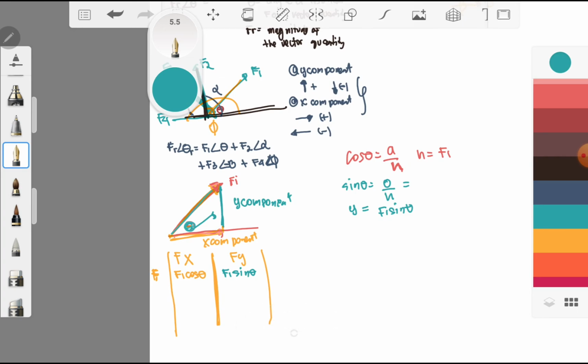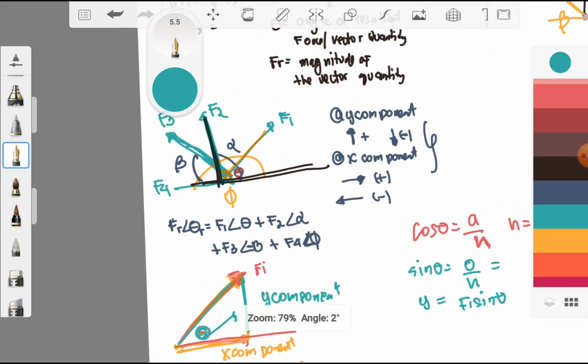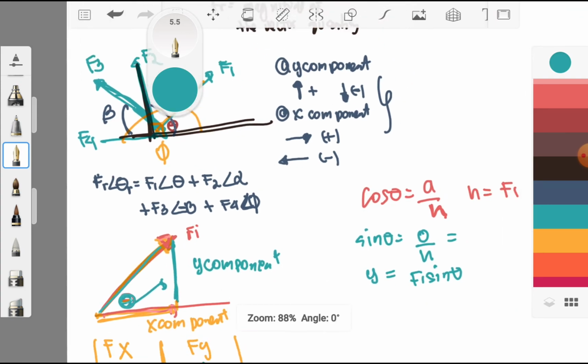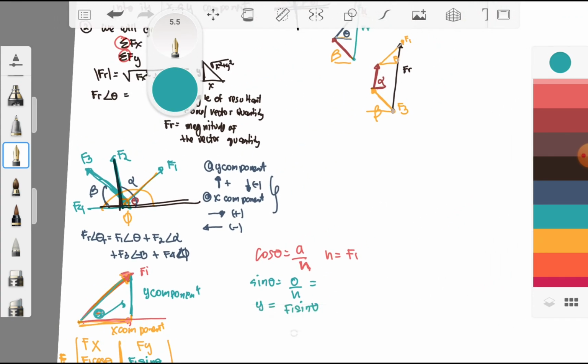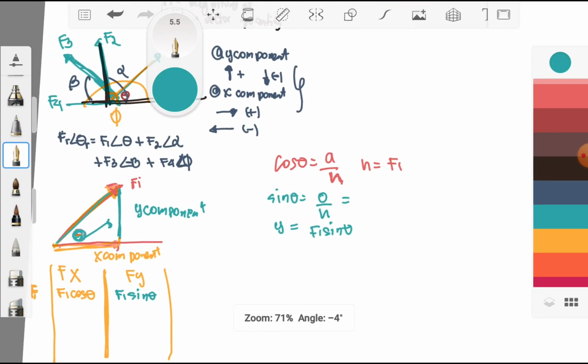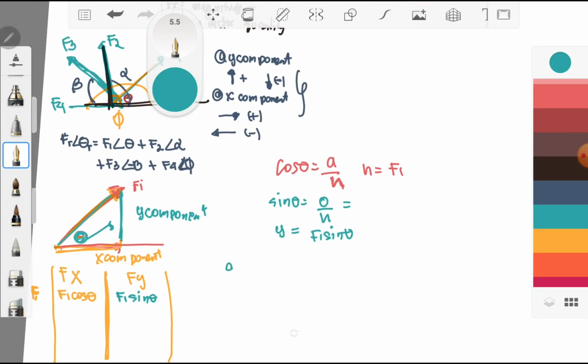Next, we will get the components of your F2. Take note that at F2 we have our y component only, right? So this is my F2. Take note that your F2 is at 90 degrees.